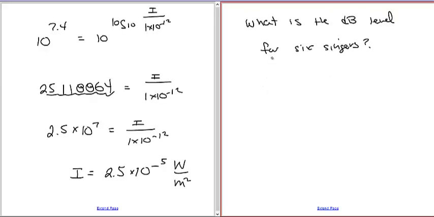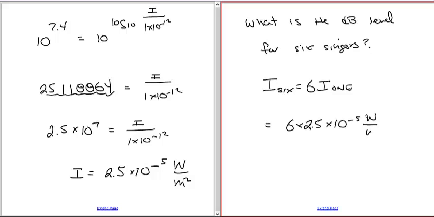Well, you don't multiply or add decibels together, but you can say I of 6 singers is 6 times I of 1 singer. So in this case, you take 6 times 2.5 times 10 to the minus 5 watts per meter squared, and 2.5 times 6 is 15.